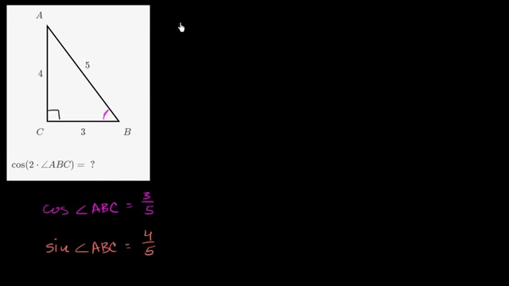We know that the cosine of 2 times an angle is equal to cosine of that angle squared minus sine of that angle squared. And we proved this in other videos, but this becomes very helpful for us here.